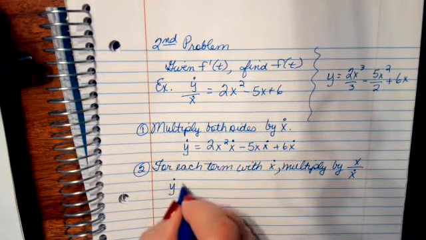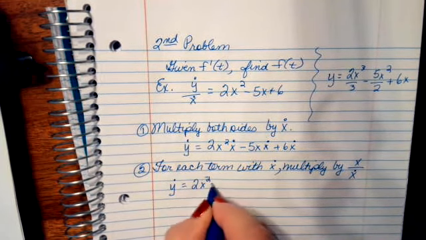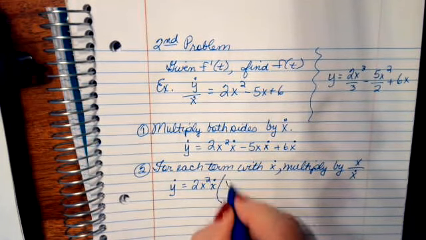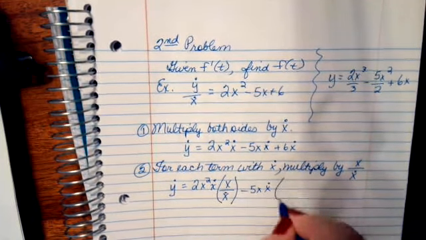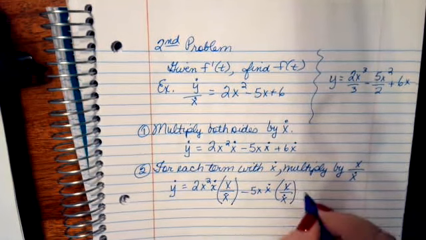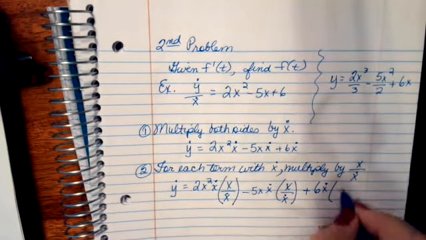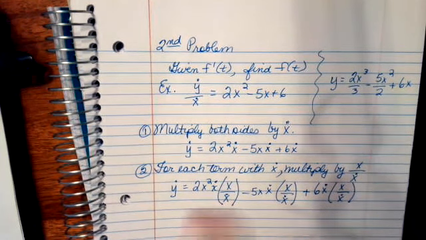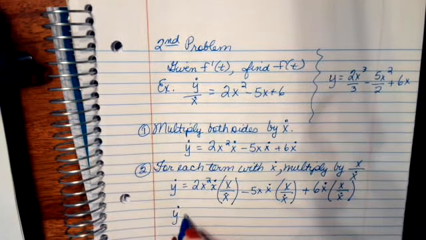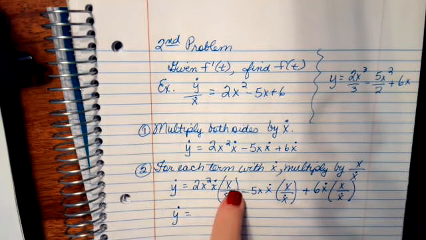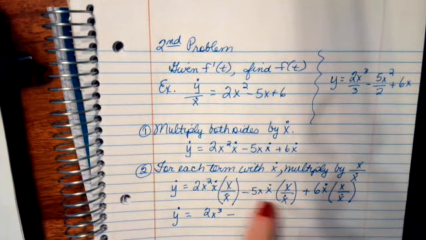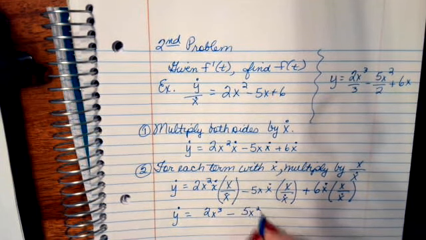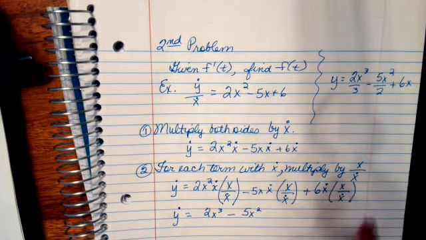I've got y dot equals 2x squared x dot times x over x dot minus 5x x dot times x over x dot plus 6x dot times x over x dot. And when I simplify everything, I'll get y dot equals 2x to the third. X dot over x dot is 1, so 2x to the third minus x dot over x dot is 1, so 5x squared. X dot over x dot is 1, so 6x.